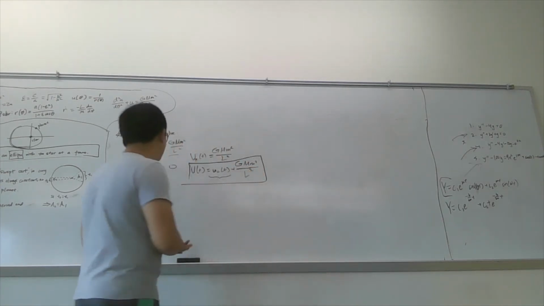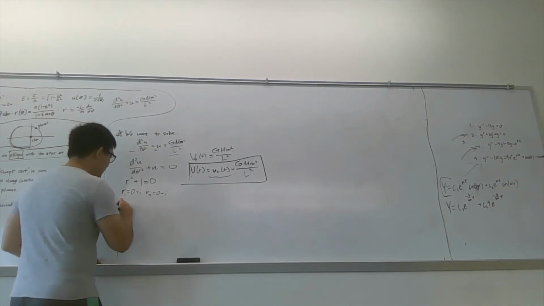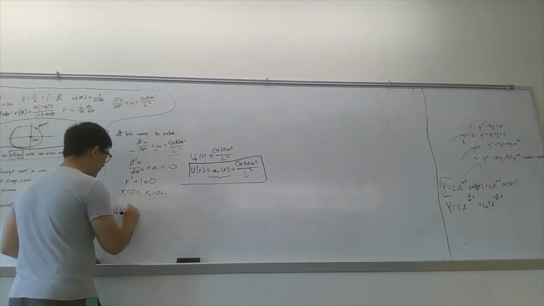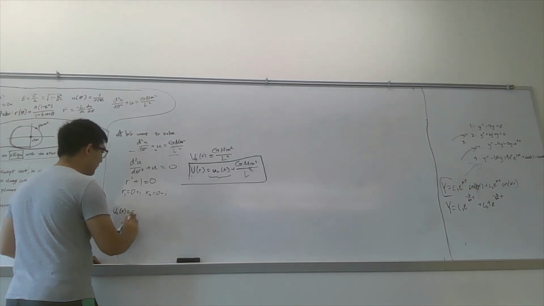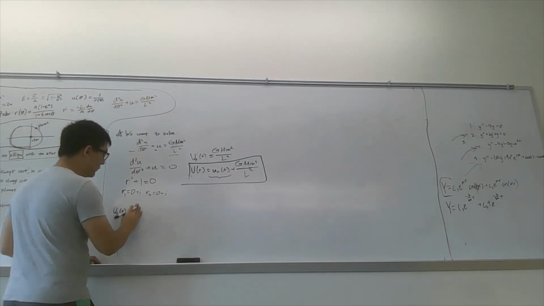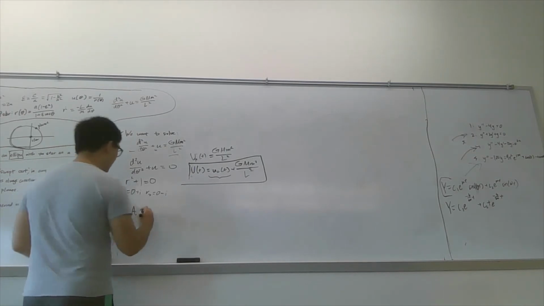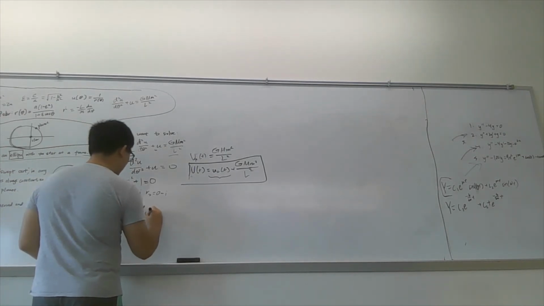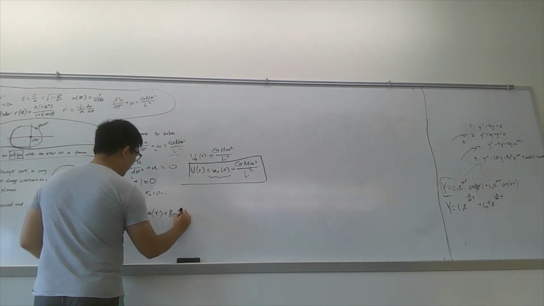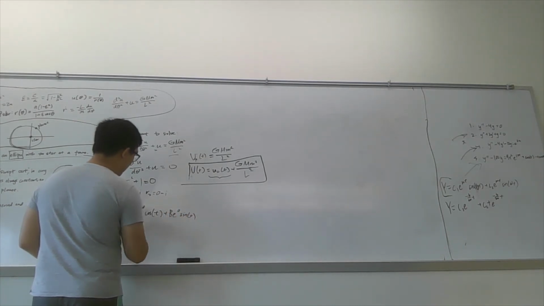We got that u_c(t) equals c1, actually, I'll just replace it with a, e to the 0 cosine t plus b sine t. e to the 0 is just 1.